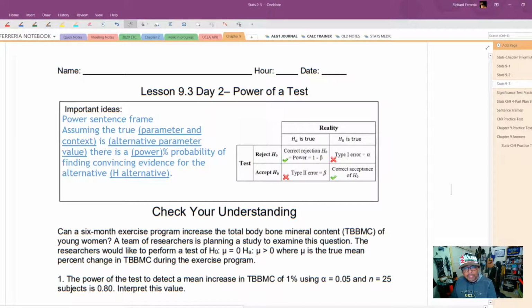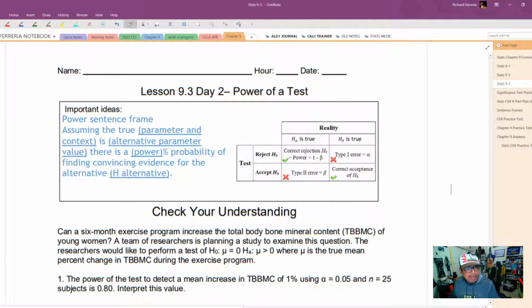Well, that means we made a type 1 error, and that probability is alpha. Likewise, let's say I fail to reject the null hypothesis, and the null hypothesis was actually true. That means that you actually made a correct decision by failing to reject the null hypothesis.